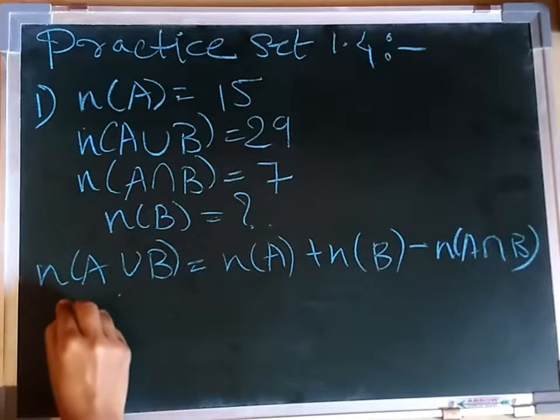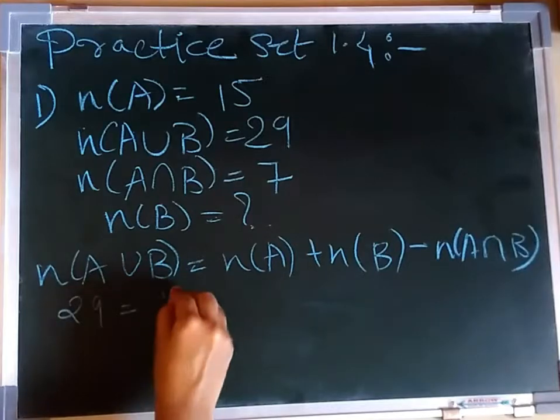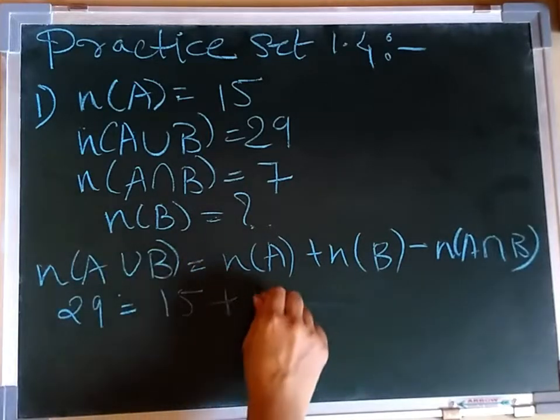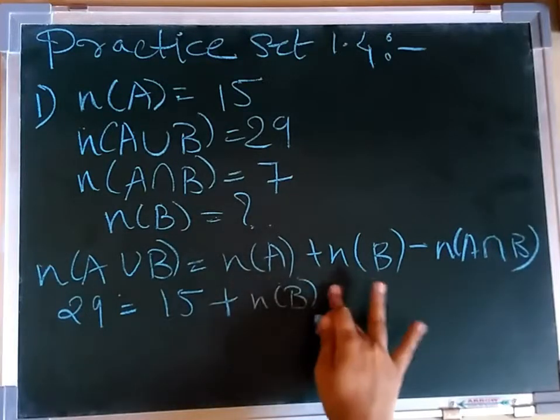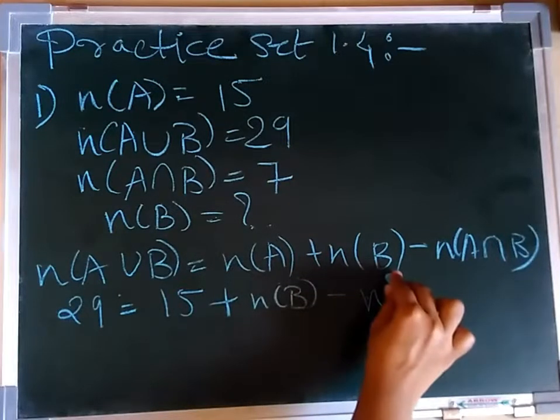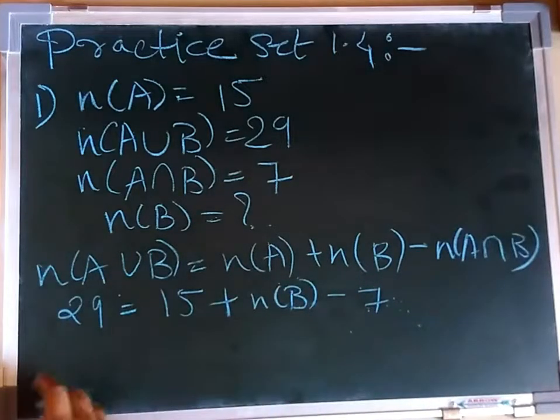Or let's write down the values. 29 is equal to 15 plus N of B, which is unknown, so I have written it like that, minus N of A intersection B, this value also we know, that is 7.